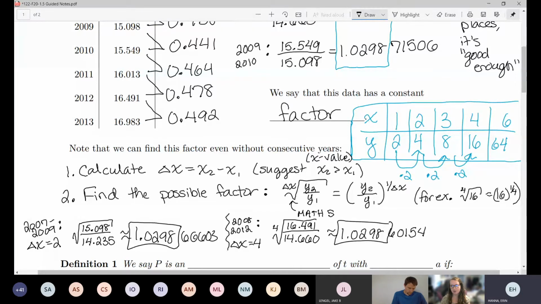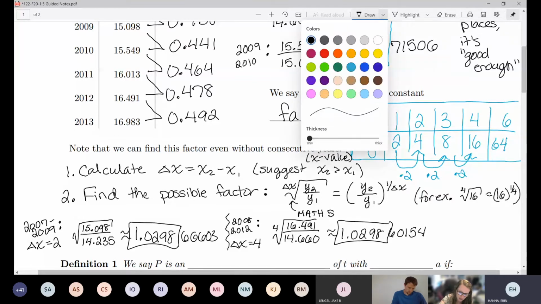So what is all this hoopla we've done up to this point? All I'm saying is if we want to find out whether a data set is exponential, we're looking for this constant factor. If you have consecutive x values, you can just divide the 2 numbers. But if you don't have consecutive x values, you have to do this kind of root idea. If those numbers match up at least to 3 decimal places, then you'll say that it's exponential.